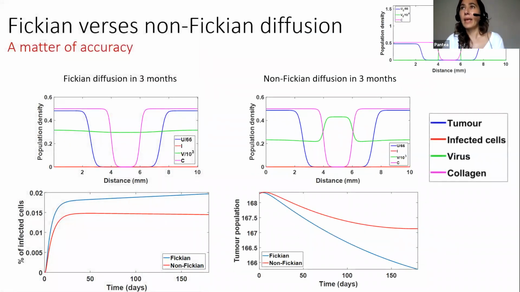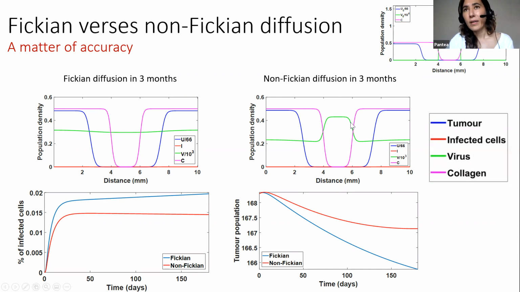Okay, here's another case. In this case, we have a collagen well again. This collagen well doesn't have any cells, it's devoid of cells to begin with, and all the cells are out here in the collagen. So these are like little wells where there are no cancer cells. If we inject the virus into these regions, what we see is that the Fickian diffusion in 3 months has pretty much reached a homogeneous state.